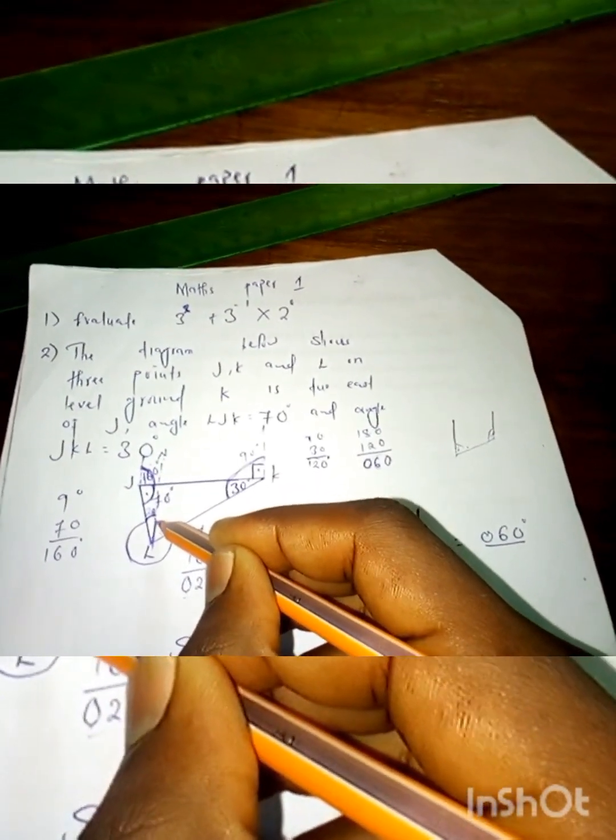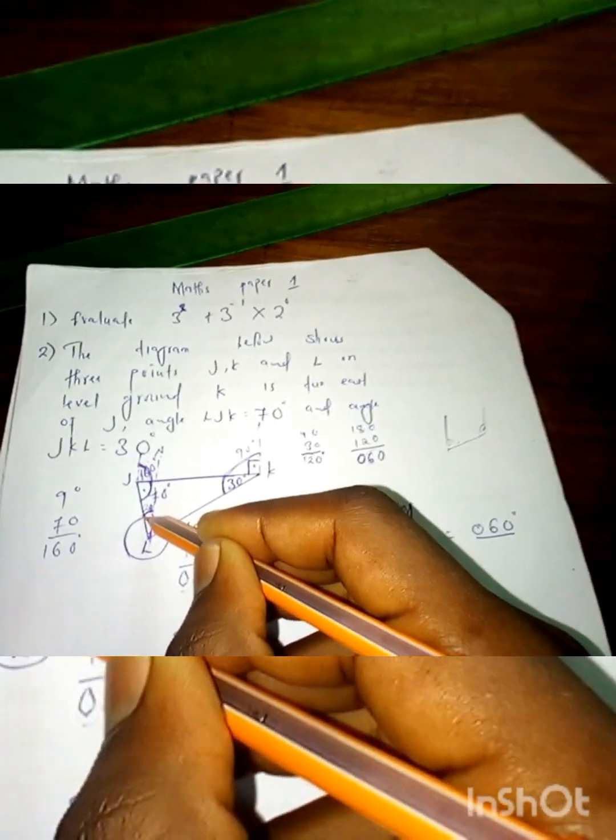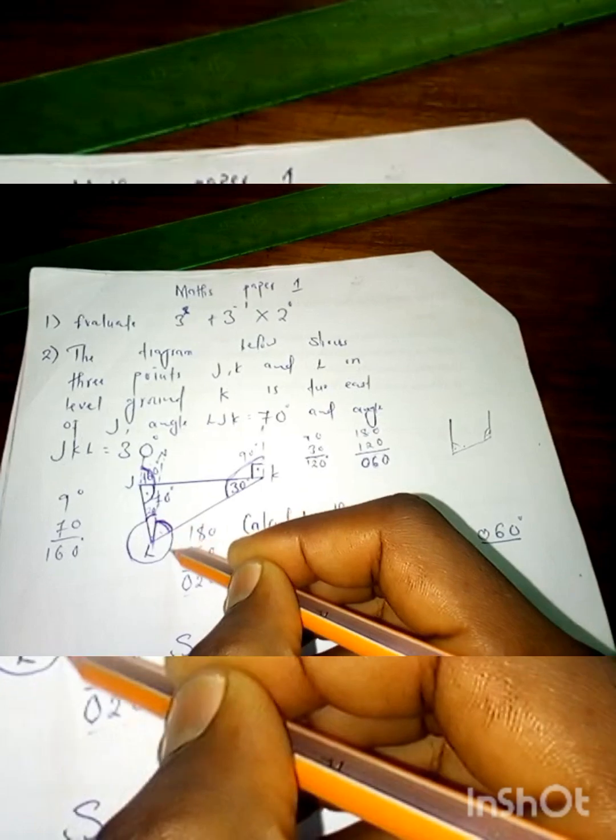Now you have seen that starting from here to here, it's almost making 360 degrees. So for us to find this, what we need to do is just to subtract this 20 from 360 degrees. So 360 minus 20, like this.